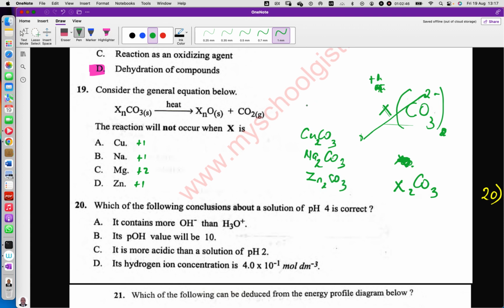But not magnesium. So the only element that it will not react with will be magnesium.